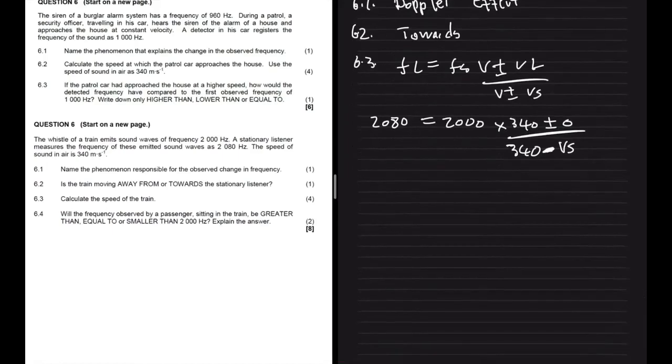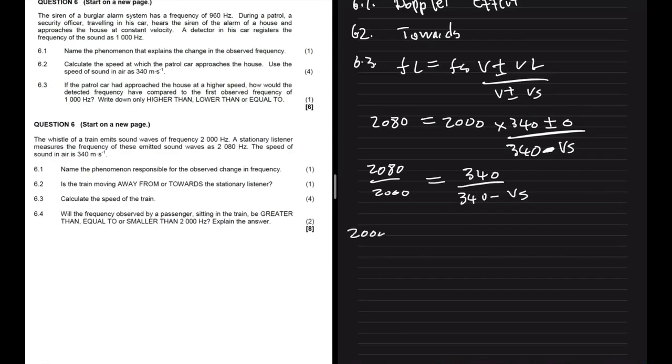So let's go ahead and do that. Divide both sides by 2000. So it's 2080 divided by 2000 equals 340 divided by 340 minus Vs. We're going to cross multiply.